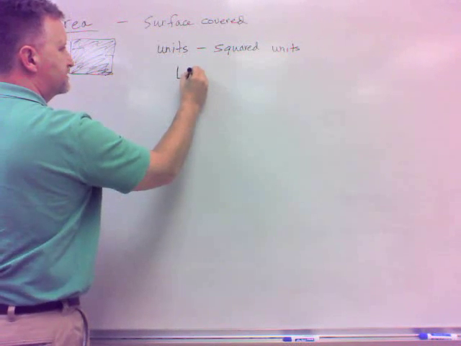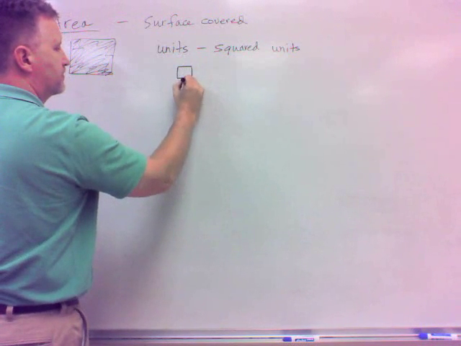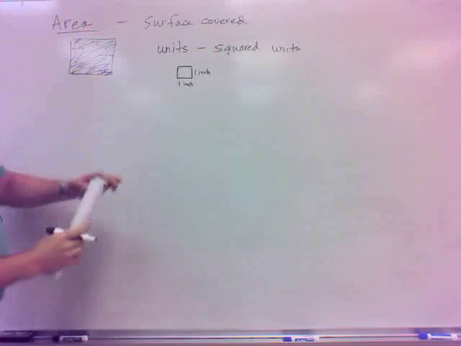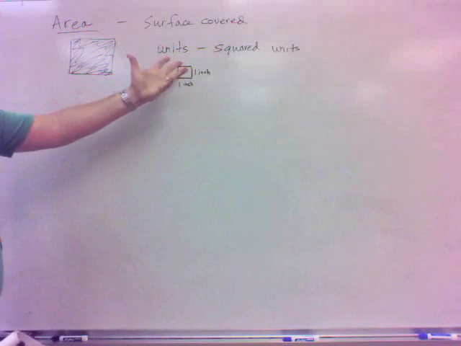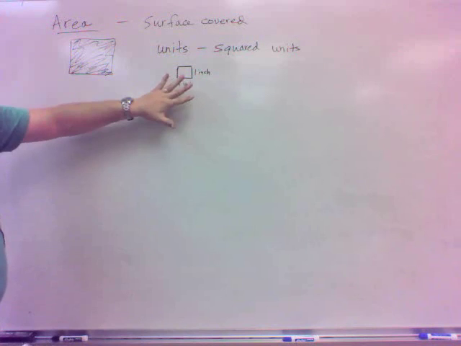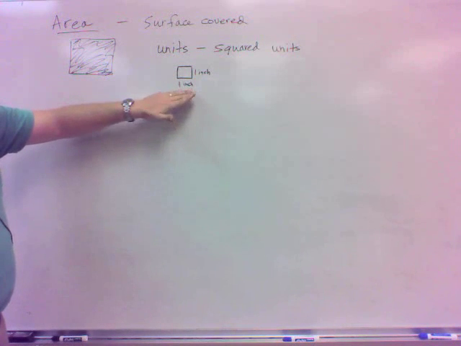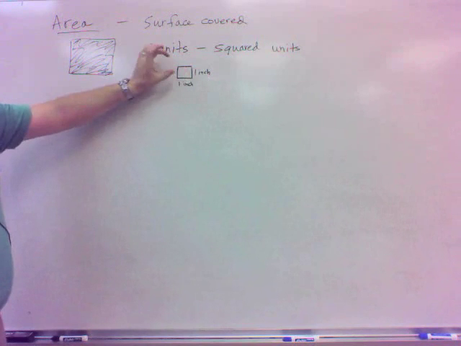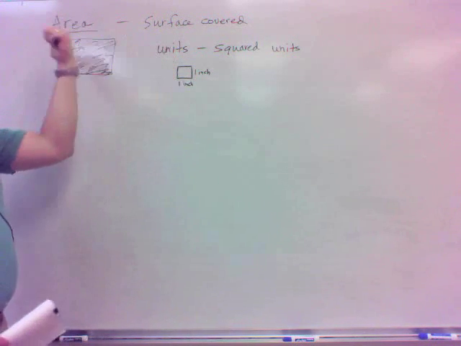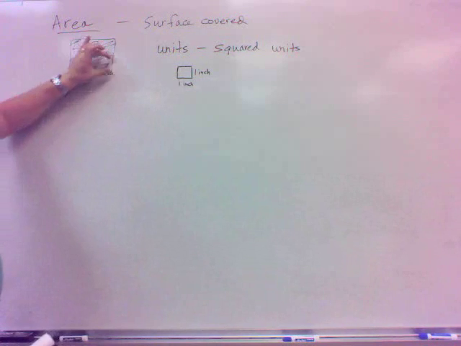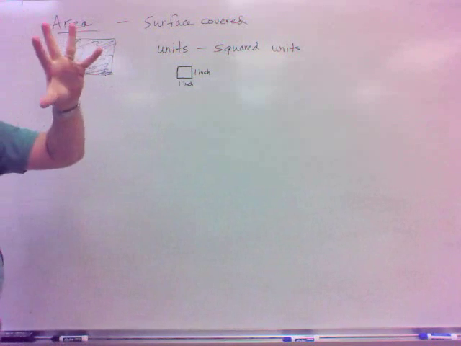Say that's an inch by inch. That's obviously exaggerated a bit, a little bigger than an inch, but let's say it is 1 inch by 1 inch. How many of those little squares does it take to cover that figure right there? That's the idea of area, isn't it?